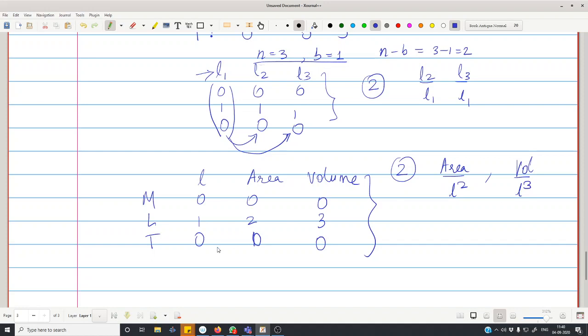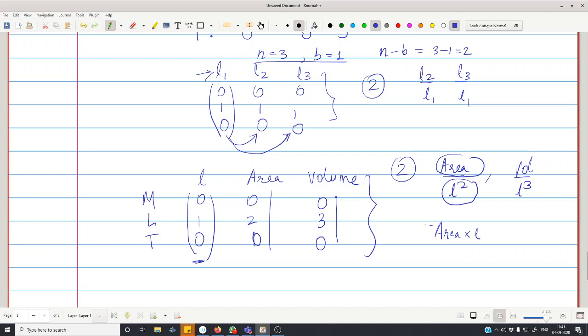I could also represent volume upon area into length, but we are trying to keep only one basis. Because I could represent area in terms of length, there is no point in representing volume as area into length. You get my point?